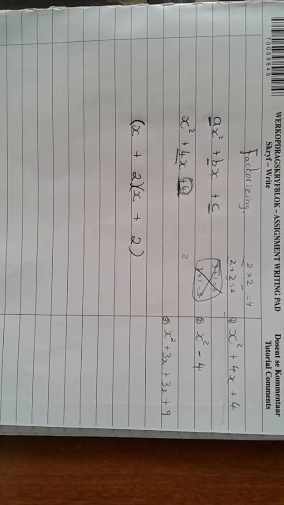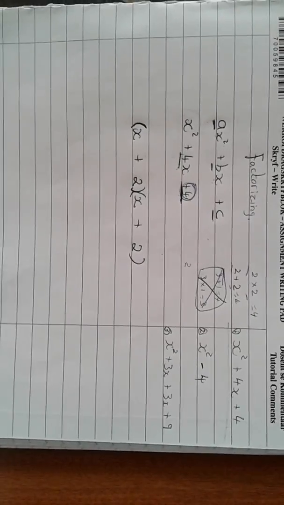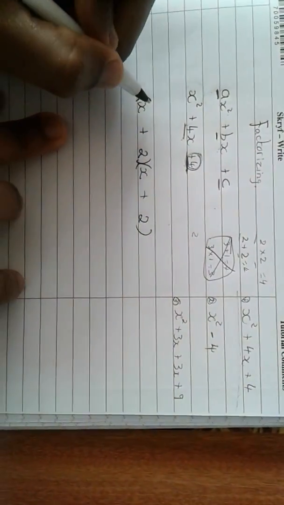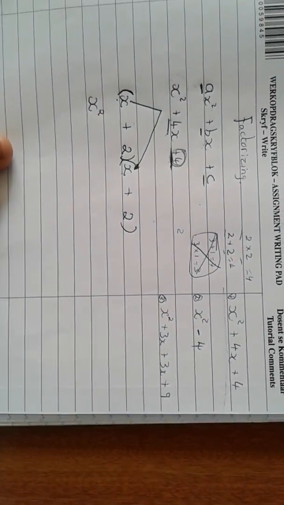Now, how do you check if your answer is correct? Now, if you check if your answer is correct, sorry about that, this is what you do. You multiply this one with that. That's your first step. So it's going to be x times x, which will give you x squared. Got it?